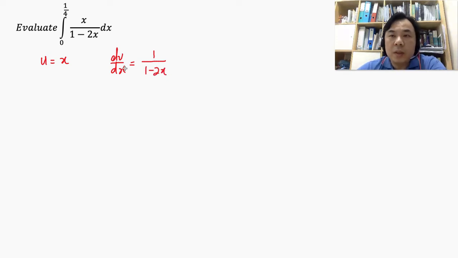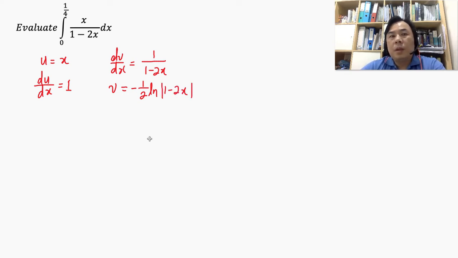I find that easier to perform integration by parts using this configuration, right? So from here, I will be able to get my du dx equal to 1. And then my v, through integration, I should have negative half ln 1 minus 2x.